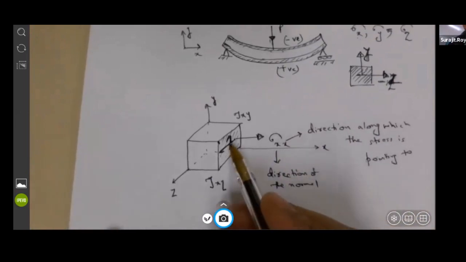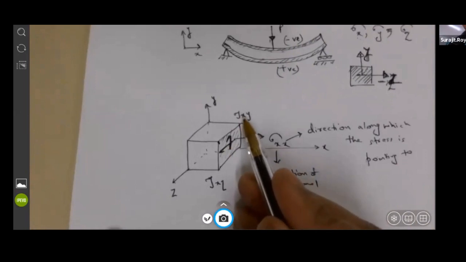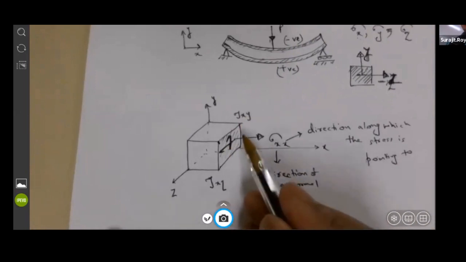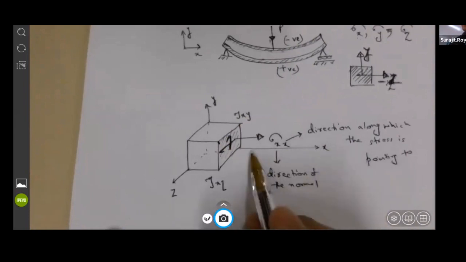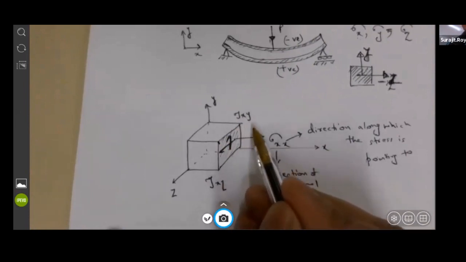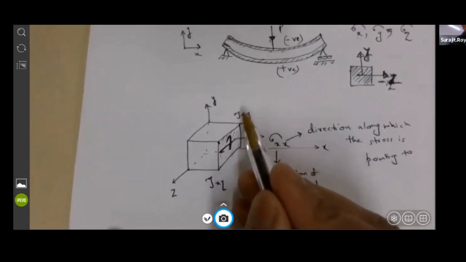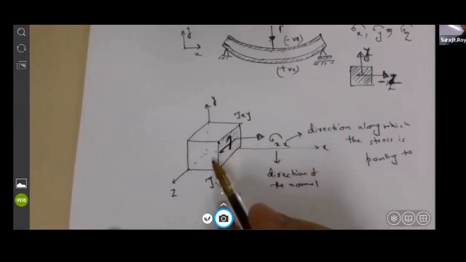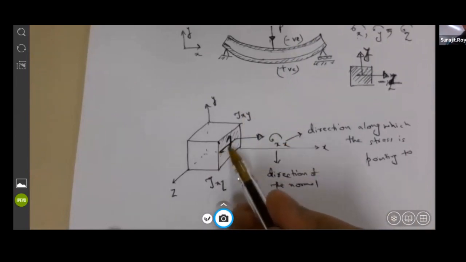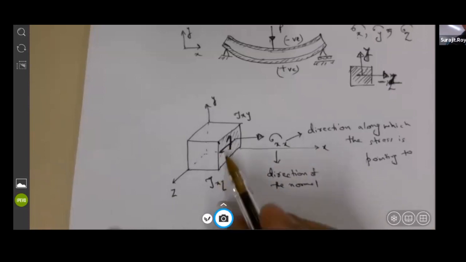When I say tau xy, the first subscript represents the direction of the normal. This face has a normal in the x direction, so it is tau x. Why y? Because it is acting along the y direction. This stress component again acts on a face that has x as a normal, and it is acting along the z direction. That is why it is called tau xz.